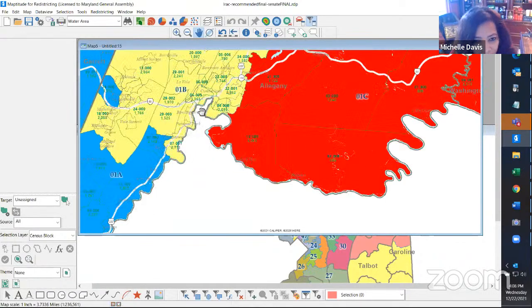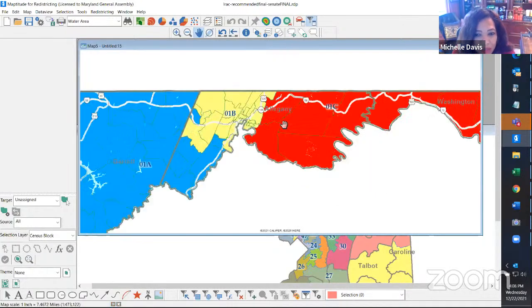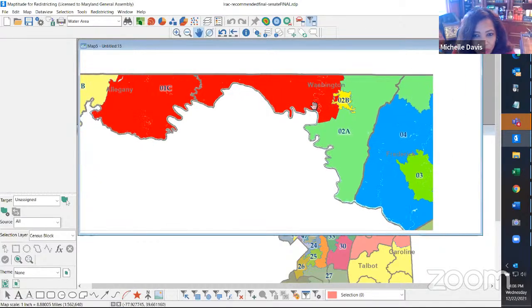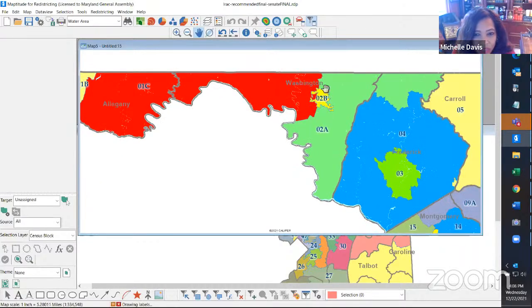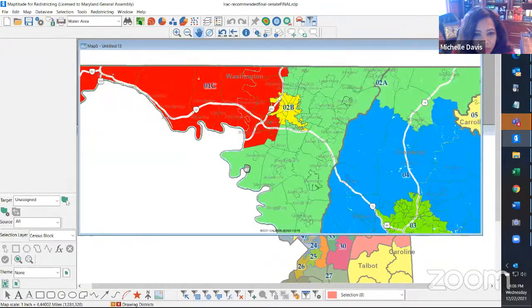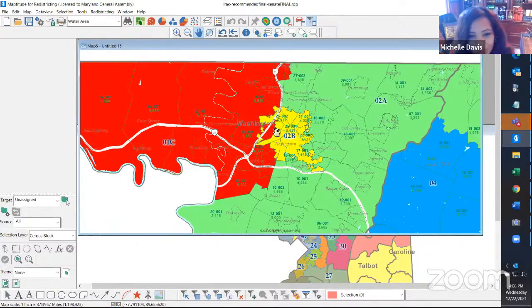It may be a little difficult to see, but that's the Cumberland area. And then the rest of the district, the Senate district, pushes out into Washington County. And previously it stopped a little bit short of Hagerstown, but now it abuts Hagerstown, which is now all in District 2B.